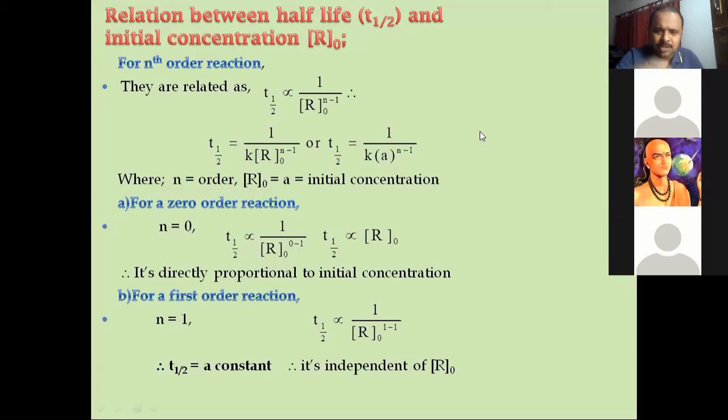Meanwhile, I'll ask you a few questions related to this. You have to answer. I'm going to plot half-life versus initial concentration for first order. How do you think the graph is obtained?